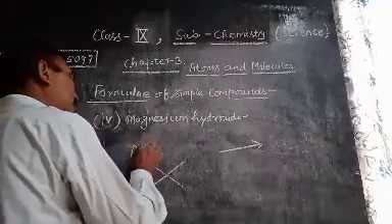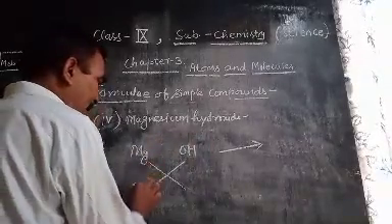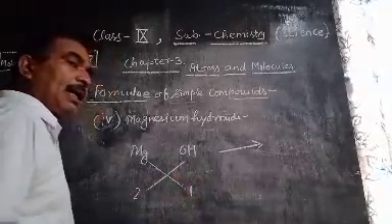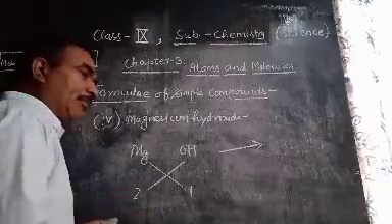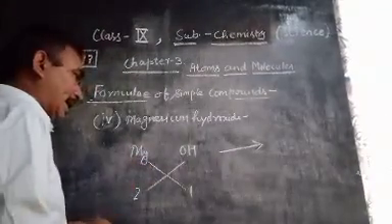Magnesium and OH. Magnesium shows 2 valency, OH 1 valency. I have already told you. I told you about the LCM, how the LCM is taken and how the molecular formula is derived.